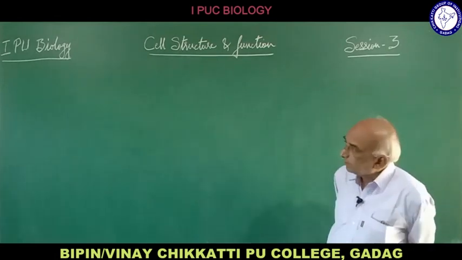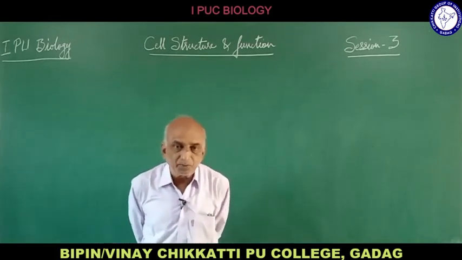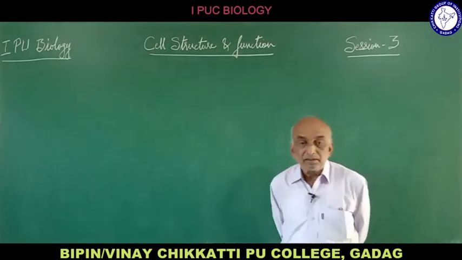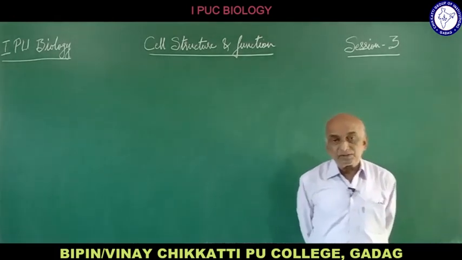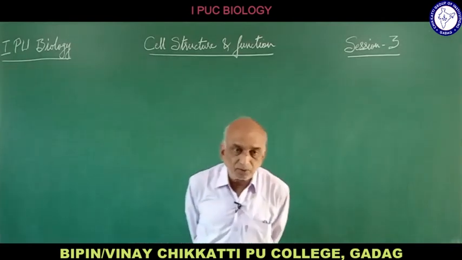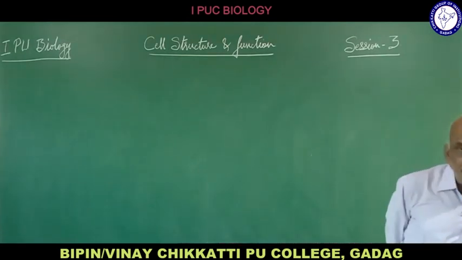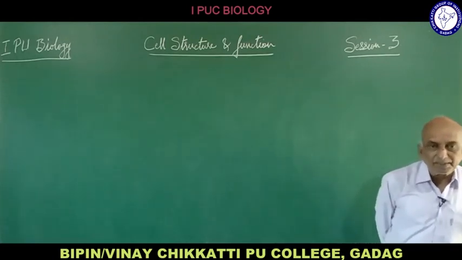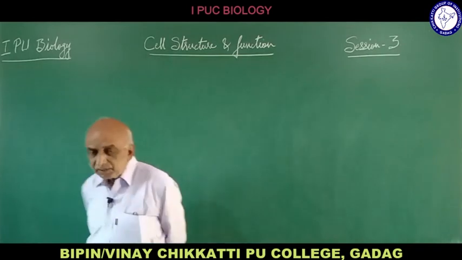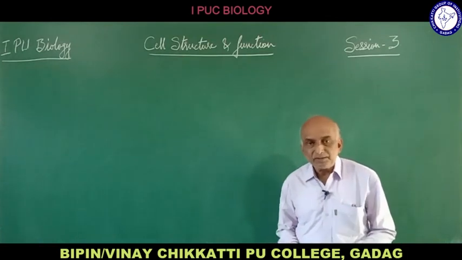Next, cilia and flagella we have also studied. They are made up of microtubules which are arranged in 9 doublets, and similarly the centrosome consists of a pair of cylindrical rod-like hollow structures called centrioles. These centrioles are made up of 9 triplets of microtubules, and these microtubules are the main component of the centrioles.